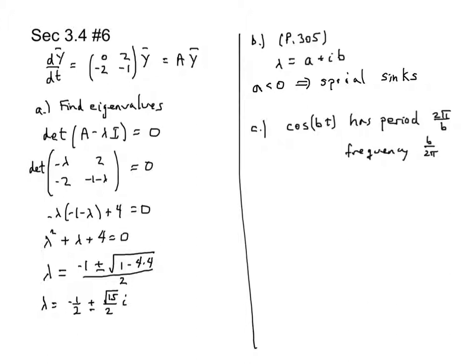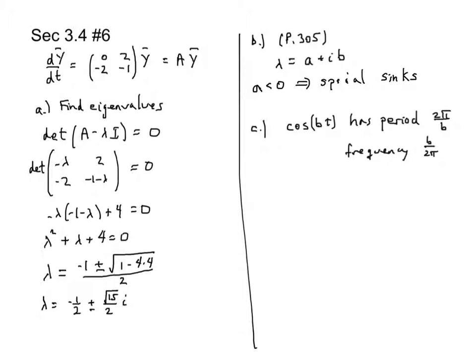The next question is asking you about the period of these rotations, of these oscillations. And just to remind you, for both sine and cosine, they have a natural period of 2 pi. When there's a number like b in the argument, so cosine of t has a period of 2 pi, cosine of bt has a period of 2 pi over b, or a frequency of 1 over the period, b over 2 pi.